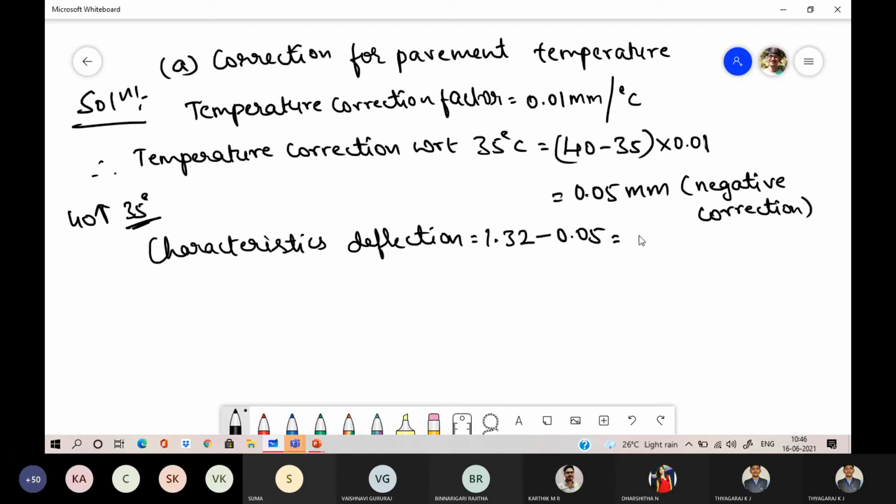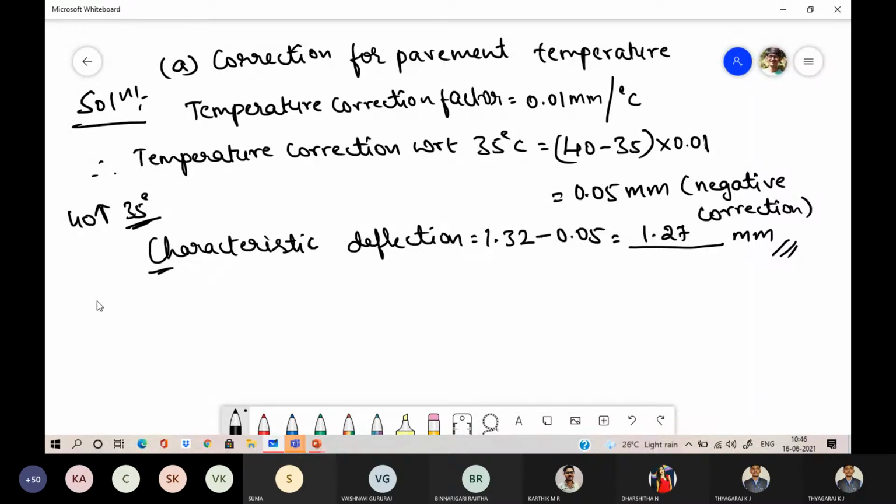Take how much you are going to get. That will be your corrected characteristic deflection: 1.27. This is the deflection after temperature correction. Now we'll go for moisture correction.